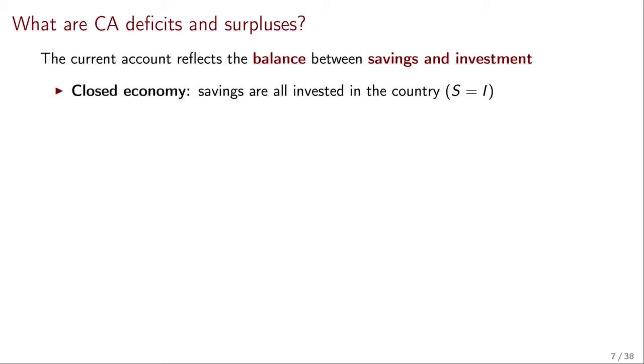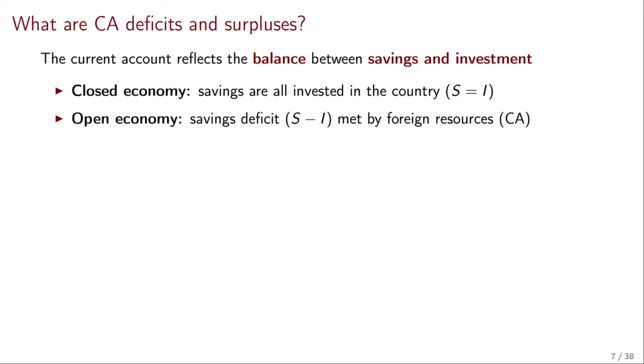That means if you, for some reason, want to invest more, you need to save more. And that's costly in terms of consumption. If you want to invest less, but you were saving a lot, you don't have anywhere to put that money. In a closed economy, savings have to equal investment.